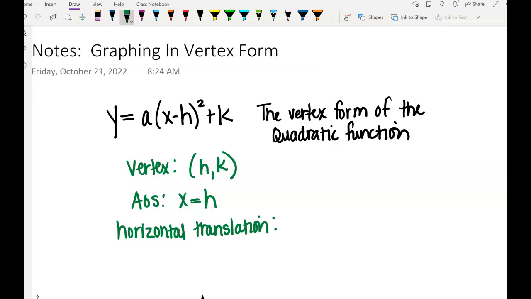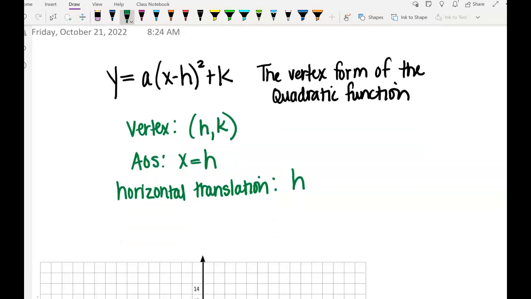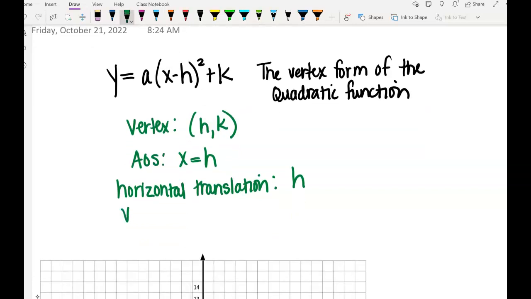All right, we're hit and miss. I've got about half of us said H, half of us said A. Remember, horizontal translation is my left-right movement. My horizontal translation is H. So which letter is my vertical translation?